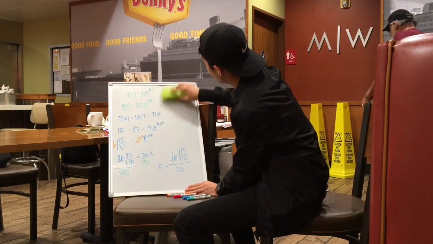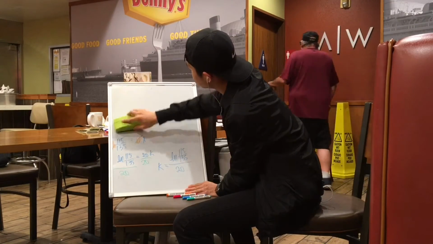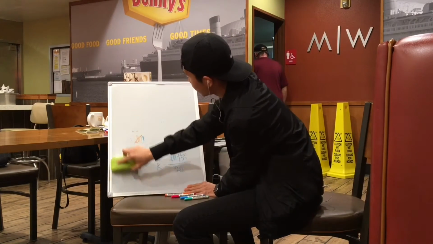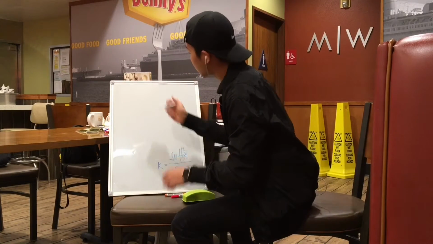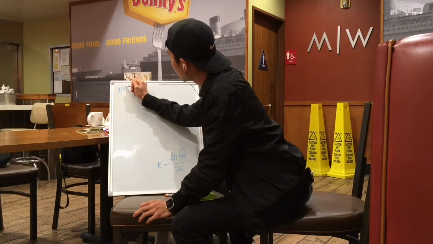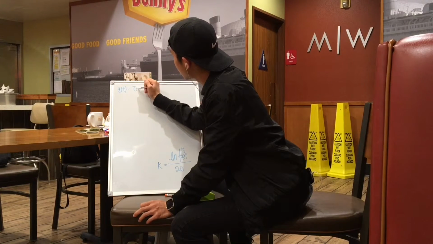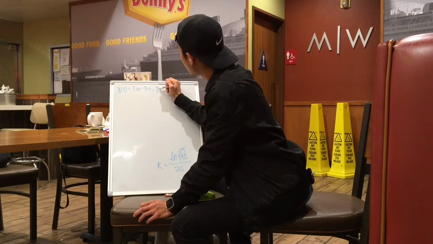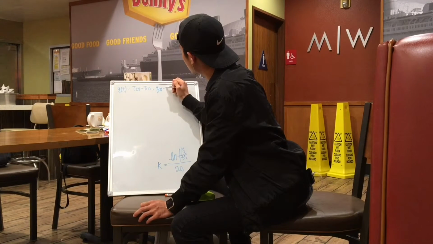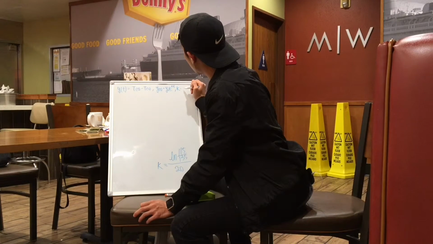So I'm going to erase all this first. Oh, we needed that. So I'm going to write our needed information. y of t is T of t minus T of surrounding, and our exponential function, which is y initial times e to the kt, and our k value here is the natural log of 115 over 135, all over 20.